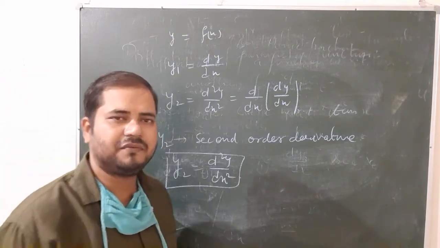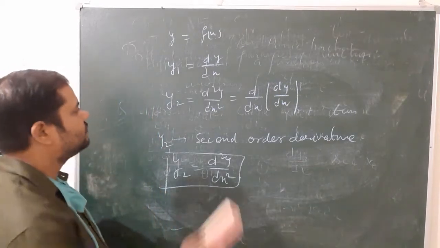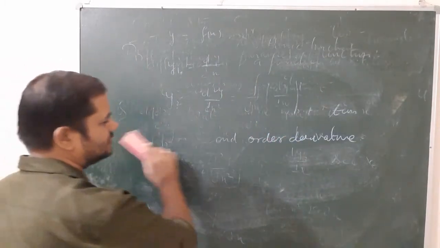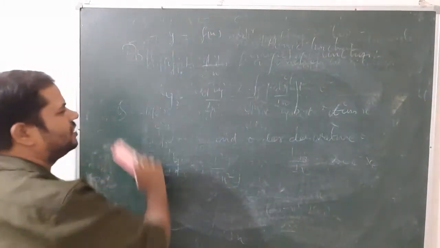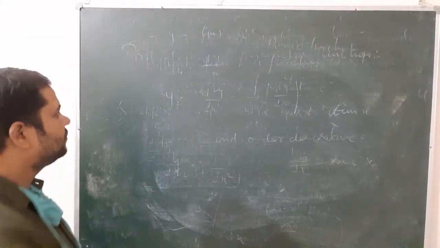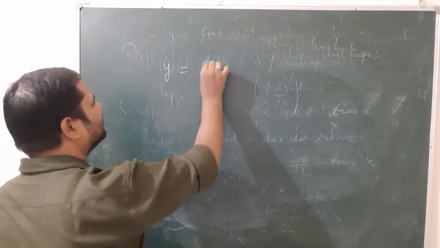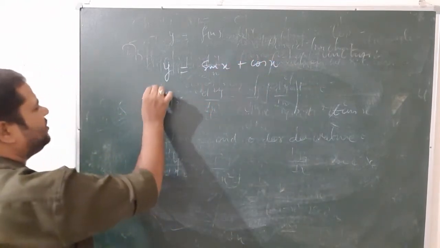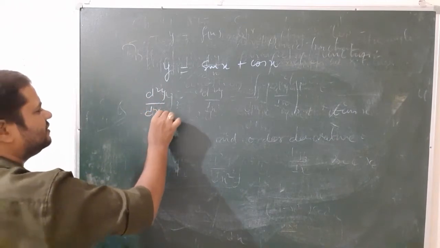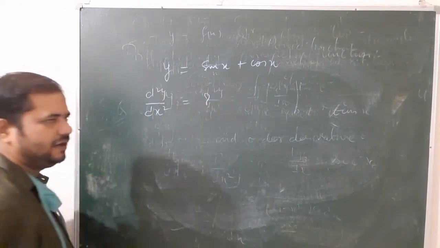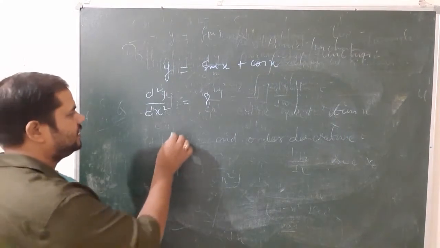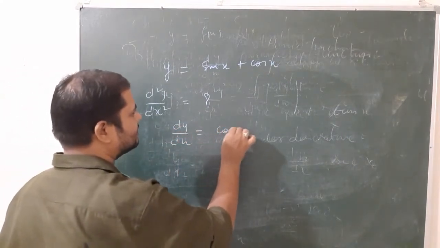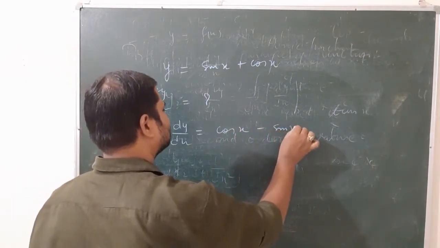Suppose we have given a function y is equal to sin x plus cos x. Then we need to find d2y over dx2. First we find dy by dx, which is cos x minus sin x.